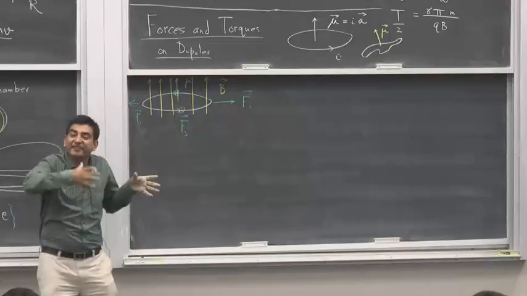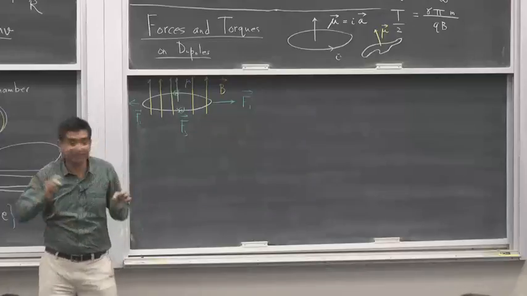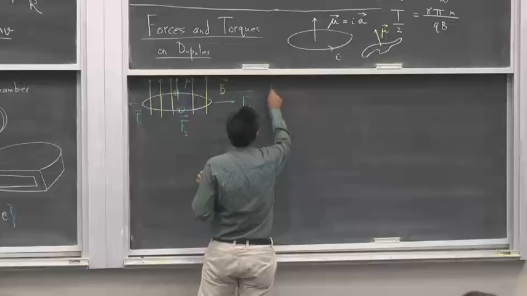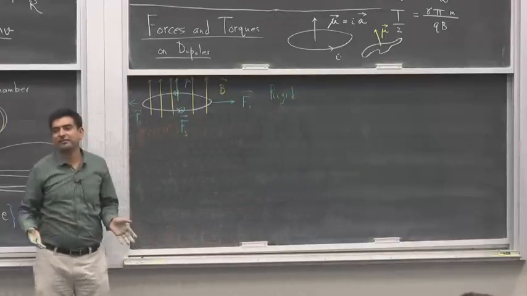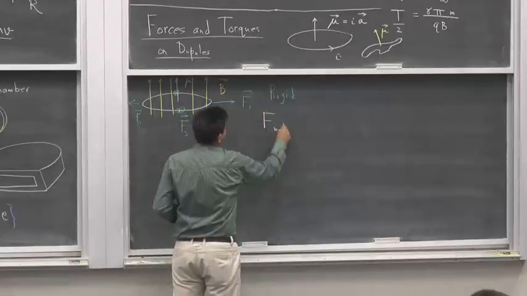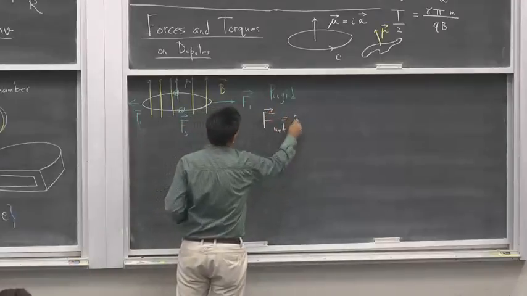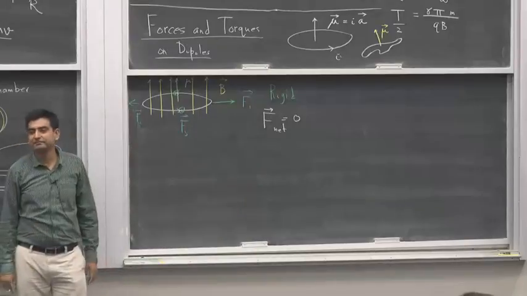So if this is a rigid circuit, it cannot move. If it's a rigid circuit, then nothing is going to happen to the circuit. The net force on this circuit is always zero. Okay, because if you take the vector sum of all of these forces, it's going to be zero. Correct?